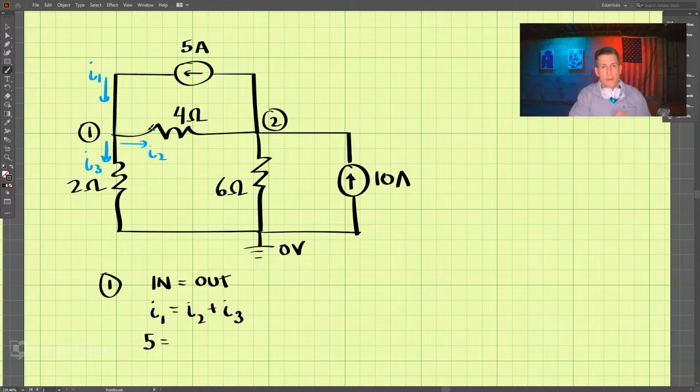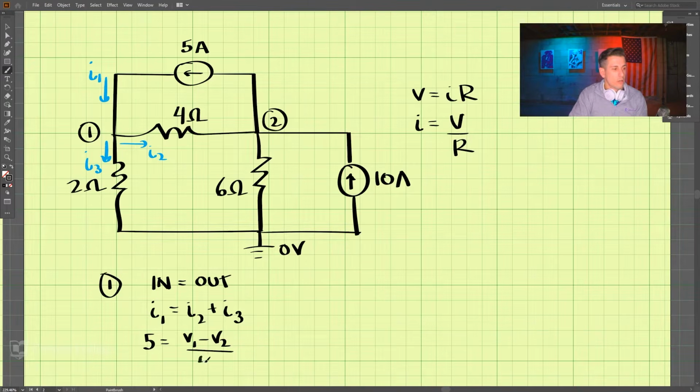And what is I2? Well, remember we use Ohm's law. V equals IR, and I is equal to V over R. So I2 is V1 minus V2, high minus low, divided by R, which is our 4 ohms.